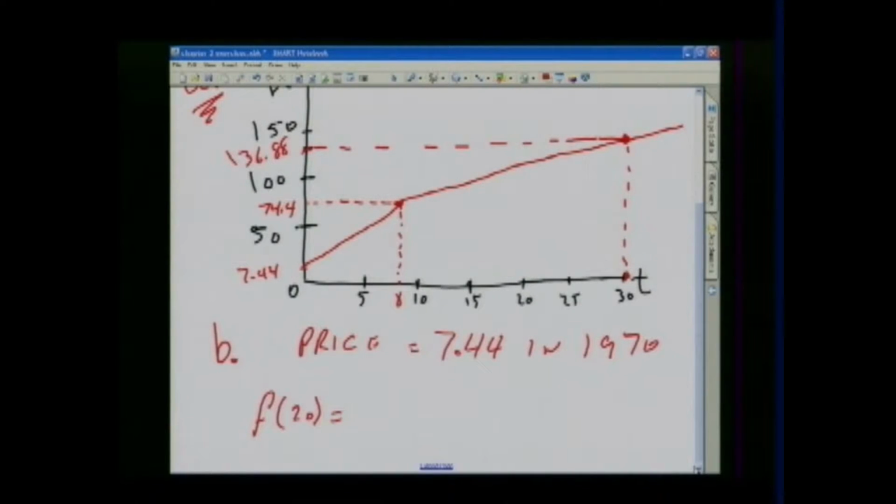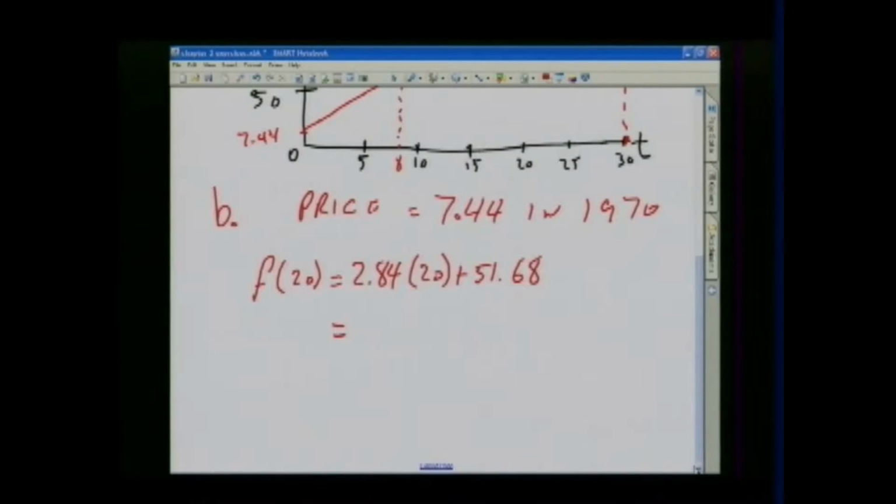That would be equal to 2.84 times 20 plus 51.68.